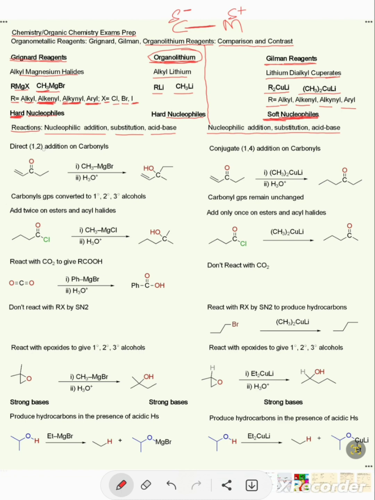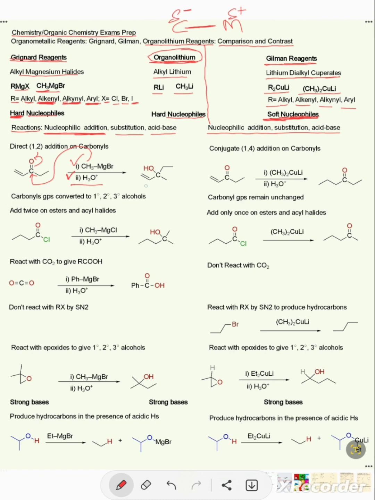So the first reaction we are seeing is nucleophilic addition on carbonyl groups. The Grignard reagents would add on a carbonyl group. We have seen these reactions before. It is a two-step reaction. The first step is that the nucleophile would approach the electrophilic carbonyl carbon, and once you form the tetrahedral intermediate, the second step kicks in and you would use the acidic workup.